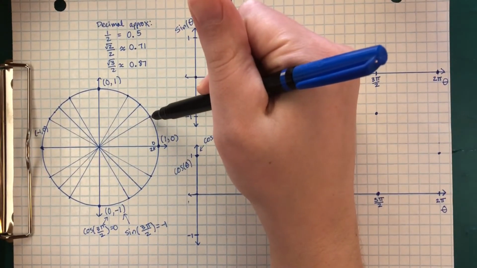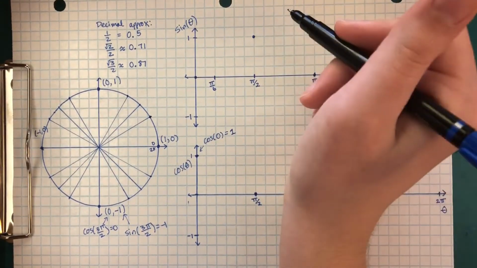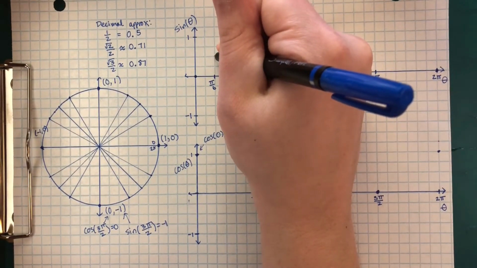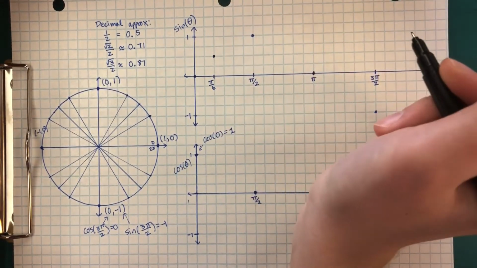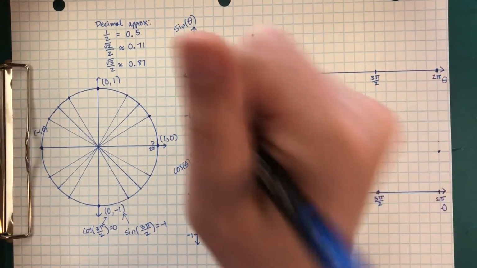And the value here of the y coordinate is positive 1/2, which is halfway to 1. There we go.